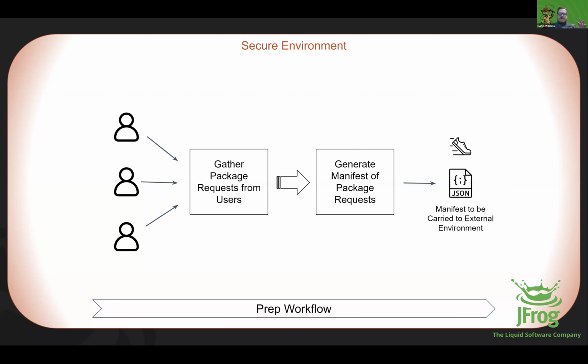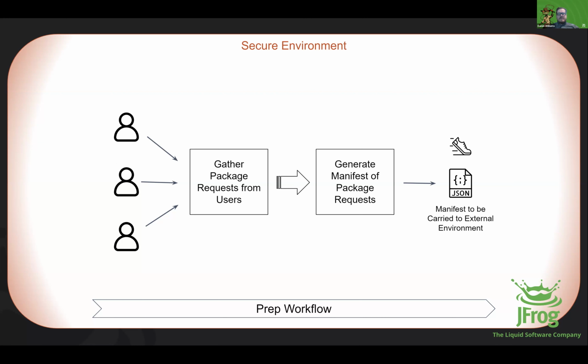This can be handled in a number of different environments. Originally, in planning this webinar, I was going to set up a pipeline in JFrog's Pipelines to gather these requirements and then store it in Artifactory.